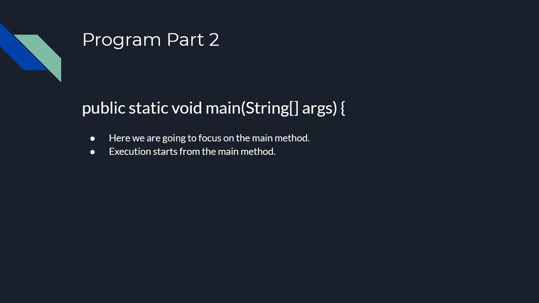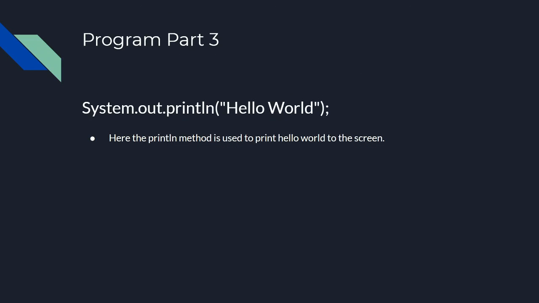So let's get to the third part of our program, which is system.out.println hello world. Here the println method is used to print hello world to the screen.